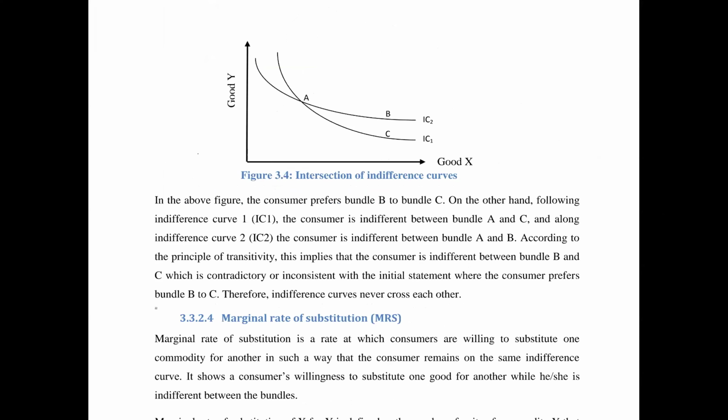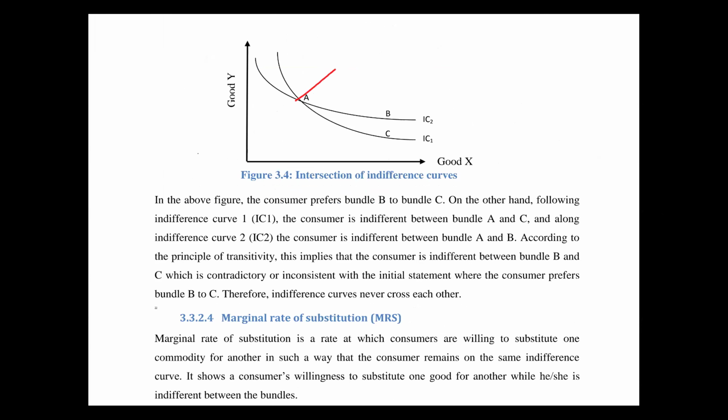You can see the screen, you can see the two indifference curves that are crossing each other. Now at point A, point A is on two indifference curves, yeah? It is on indifference curve number 1 and indifference curve number 2. We do know that indifference curve number 2 is higher than indifference curve number 1.